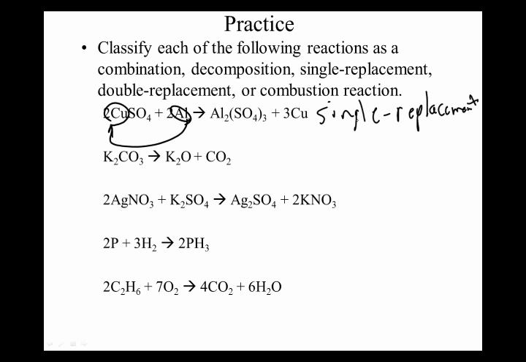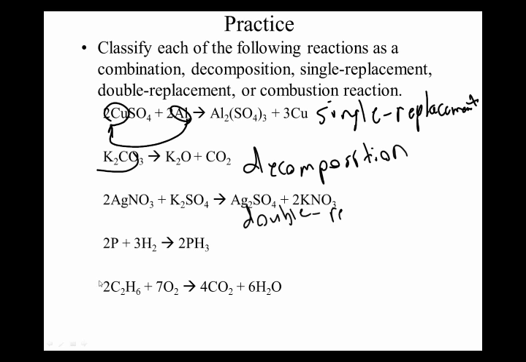The second one is one thing breaking into two things. That makes it a decomposition. This one, we have the silver and the potassium switching places, or rather the nitrate and the sulfate switching places, but that makes it a double replacement.